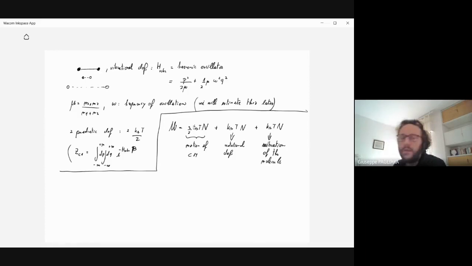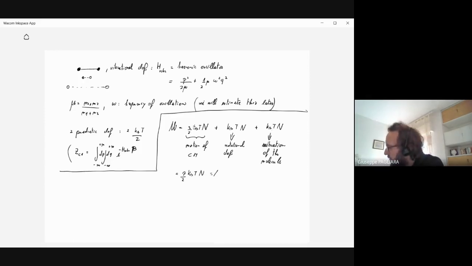So the possibility that those two masses actually can change their relative position. And therefore we have a kBT n again. So in total we have 1 plus 1 times 2, which is 4, so we get 7/2 kBT n.